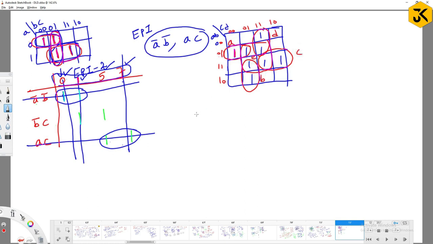For A, what is the value? A bar, B, C bar.